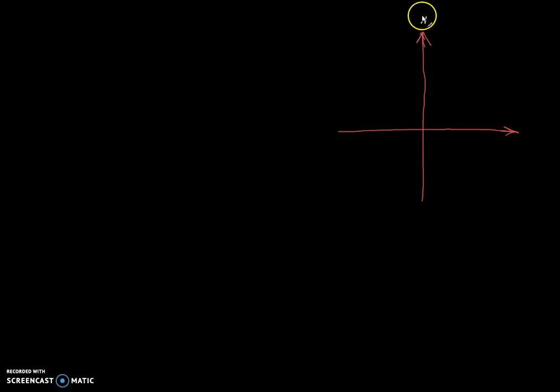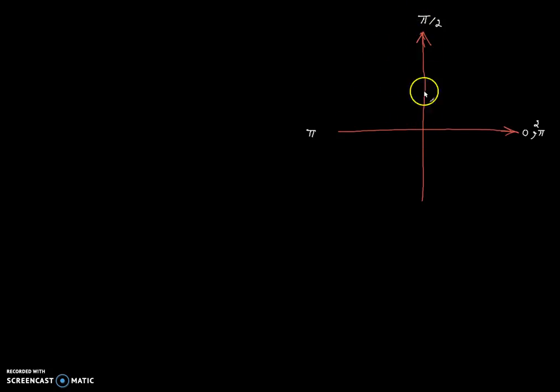So if this is pi by 2 and this is 0 and this is pi, then 2 pi by 3 has to be, because 2 pi is 360 degrees, 360 divided by 3 is 120.